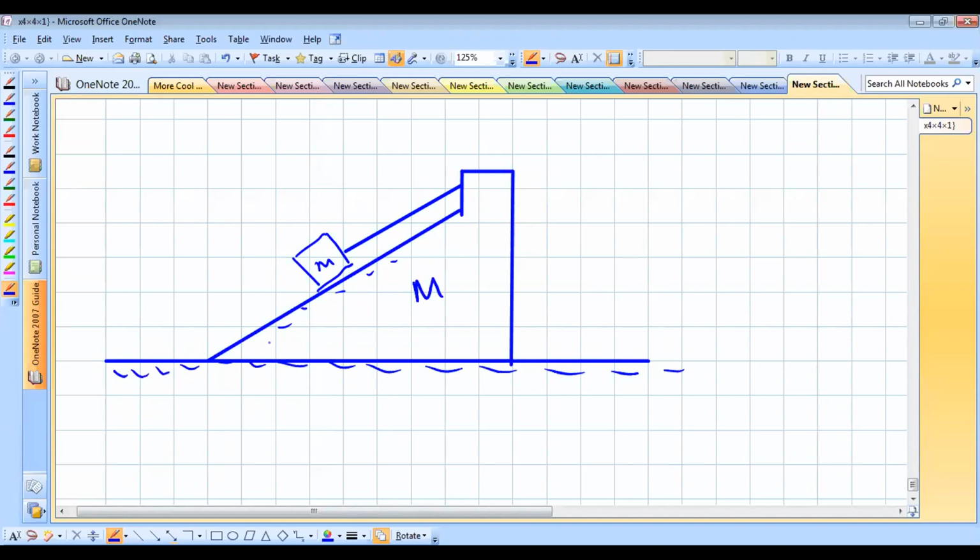Capital M, small m, angle theta, and you are pulling the system with a horizontal force F. Now we want that the normal reaction between small m and capital M should be 0.